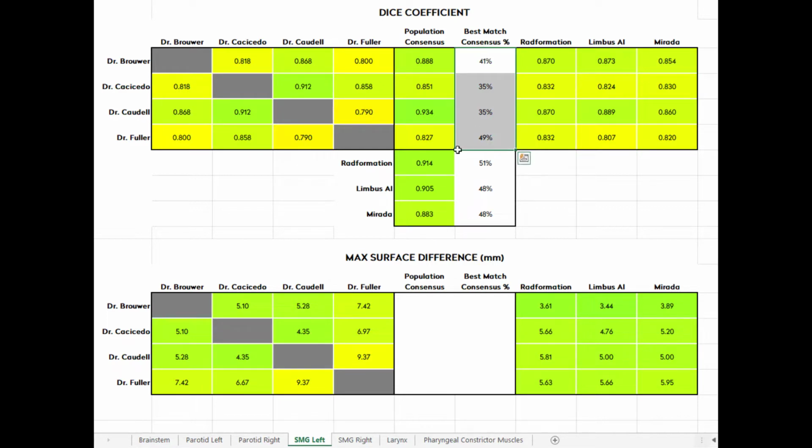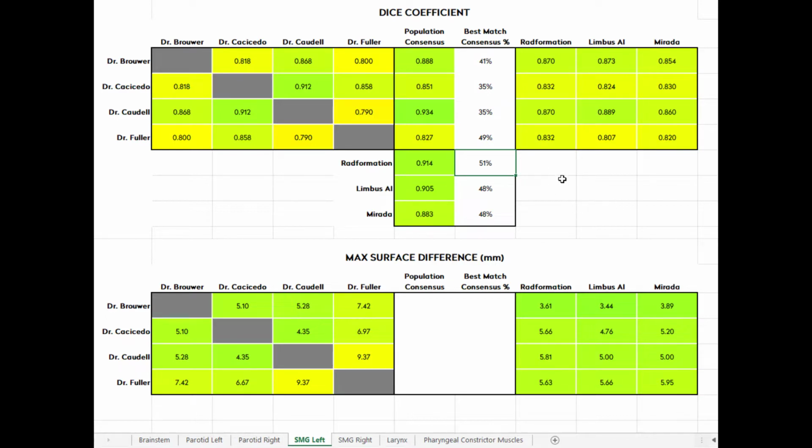And then when you go best match from the AI to the population, 48, 48, 51, one might hypothesize then that all of these AI vendors are producing very similar submandibular glands. Of course, we could have done those analytics here and seen how they lit up, but I don't think so. Draw your own conclusions. I didn't want the AI vendors to be in a position where they're compared to each other.